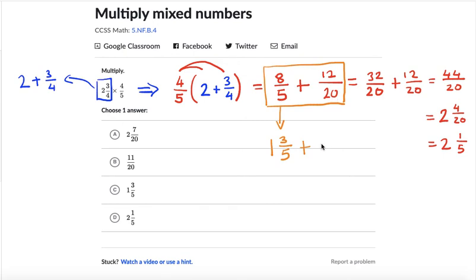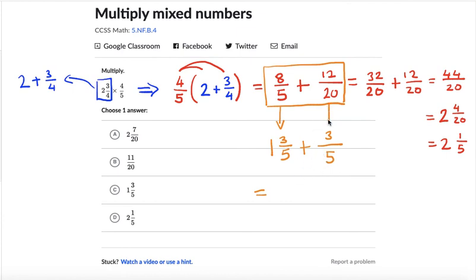I can simplify this fraction here as well. 4 goes into 20 five times, and 4 goes into 12 three times. I want you to see there's a different angle you can approach it from, and that's okay.